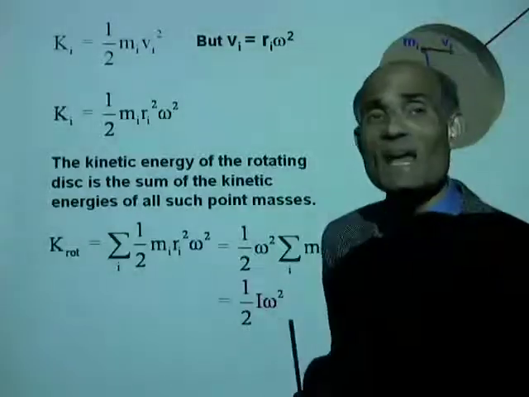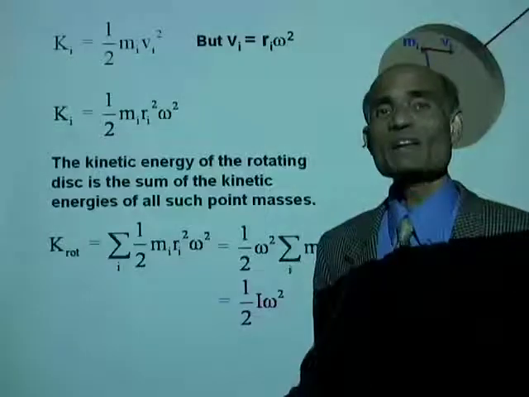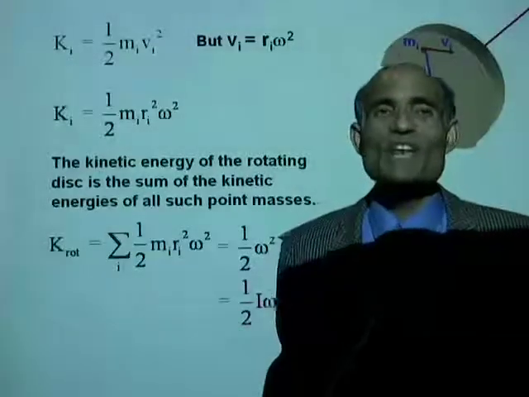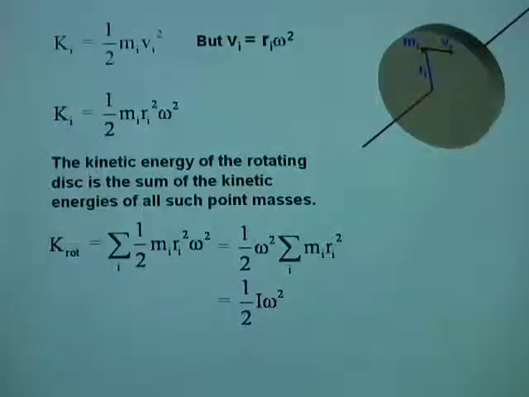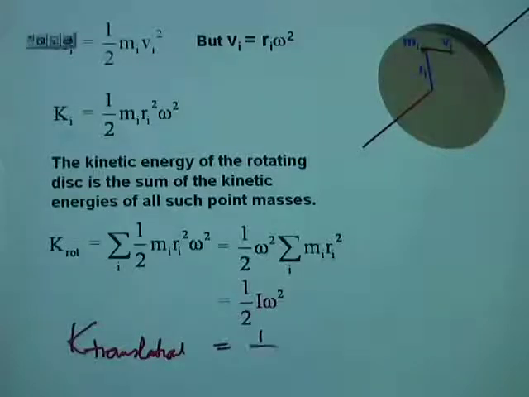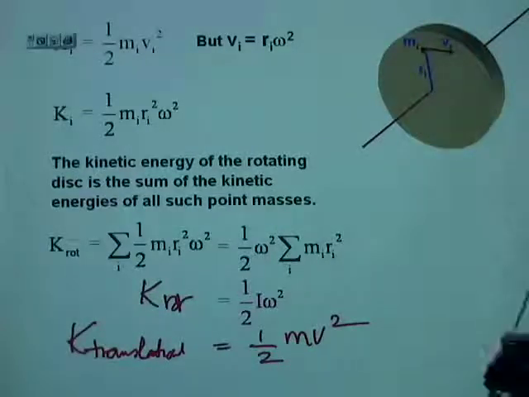Now, do you see any similarity between this equation and the equation for kinetic energy in linear motion? Look at the equation for kinetic energy in linear motion, K translational. Do you understand the meaning of translational? Translational is motion along a straight line. So K translation is 1/2 mv squared, and K rotation is 1/2 I omega squared. Now look at the similarities.